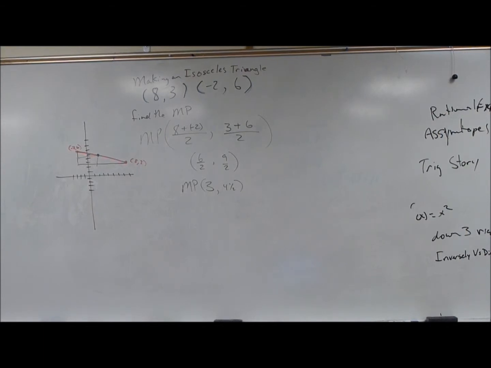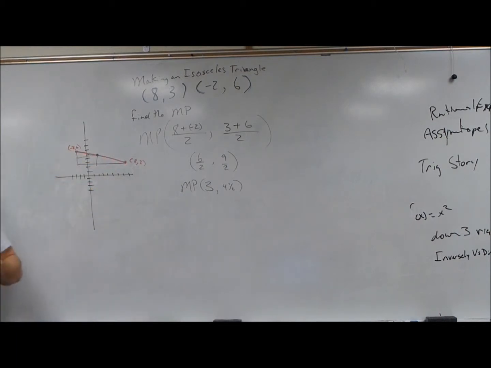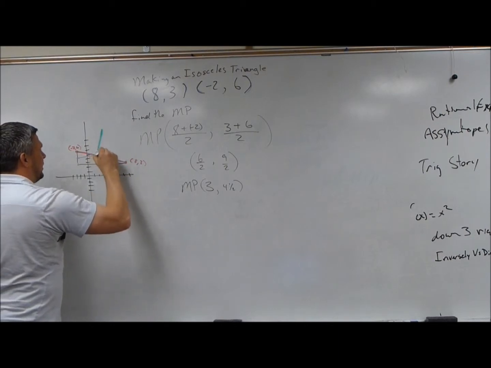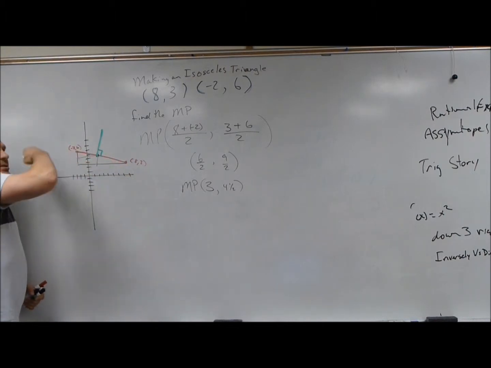Okay? So now I'm going to figure out the slope that we're at. Because in order to graph my isosceles triangle, I need to go through the midpoint at exactly a 90-degree angle, which means I have to be perpendicular. To know perpendicular, I have to know this slope.